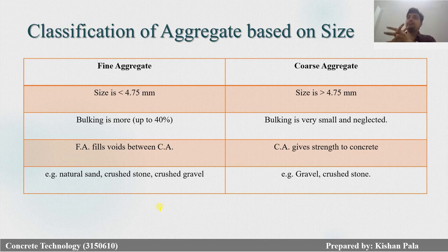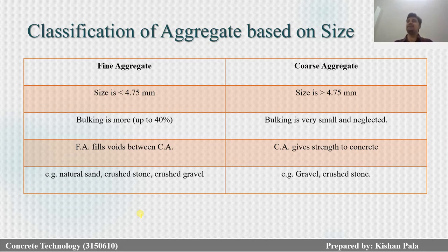This provides the binding property. So coarse aggregate, fine aggregate, and cement make up the mass. Clear? So you can get the different sizes we are using in the concrete mass. Clear? So bulking is more. When you add water, the bulking is more in the fine aggregates, and in the coarse aggregate we can neglect this type of problem.